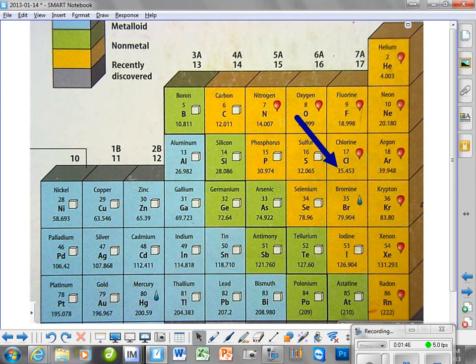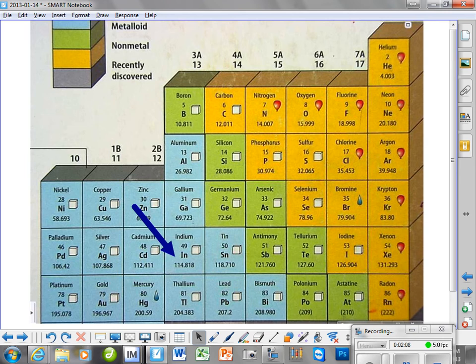And so we've got the grams that equals 1 mole of chlorine atoms. And one more, indium. 114.818 grams of indium is going to be equal to 1 mole of indium atoms. And a mole of indium atoms is 6.02 times 10 to the 23rd.